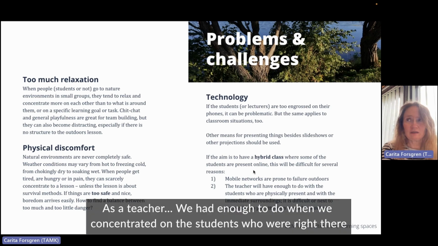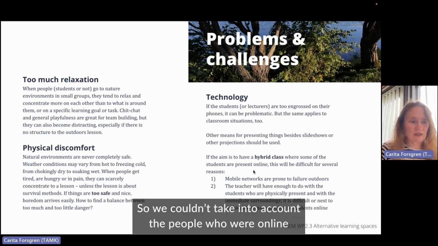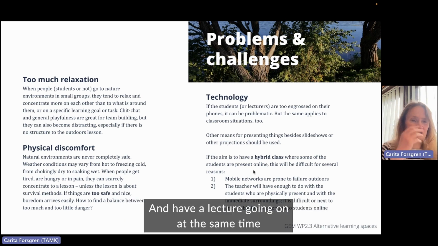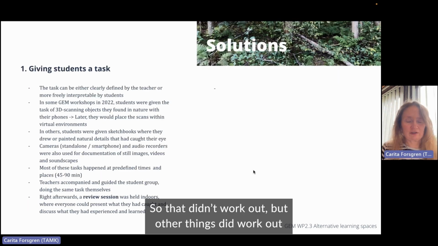As teachers, we had enough to do when we concentrated on the students that were right there, so we couldn't take into account the people who were online. Also, it was hard to hold the phone and show other people online what was happening and have a lecture going on at the same time. So that didn't work out, but other things did work out.